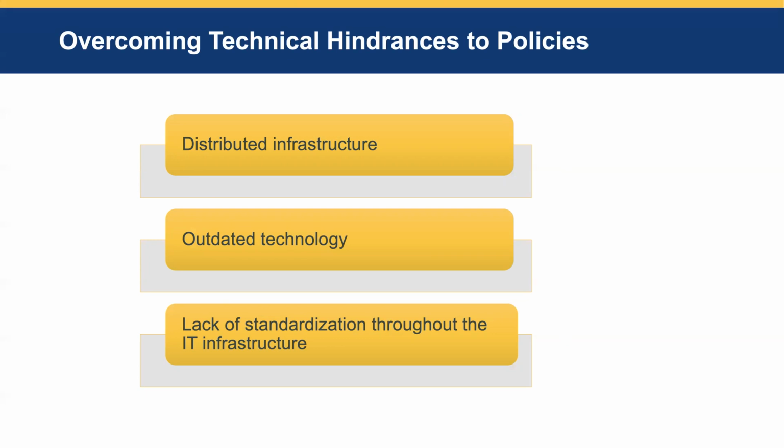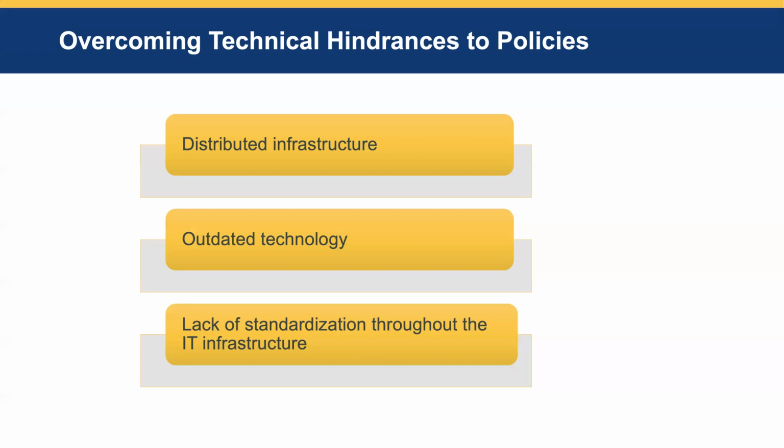Other challenges include outdated technology. Outdated technology could be in the form of hardware or software that makes it ineffective and inefficient for an organization to carry out its technical practices in a consistent manner.